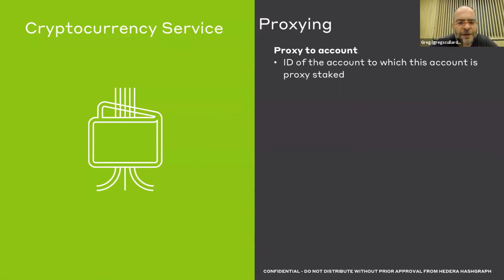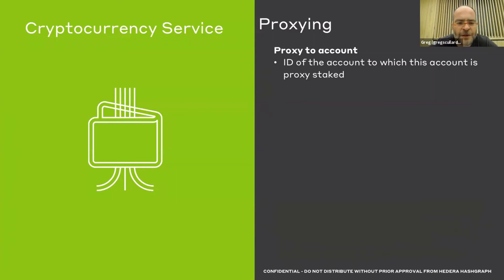Proxying, we've covered already. You can specify on a crypto account which ID of an account you wish to proxy to. Now, the ID of an account in Hedera is a shard number, a realm number, and an account number. It's not just a public key. Remember, we have multi-sig out of the box, so that's multiple public keys.